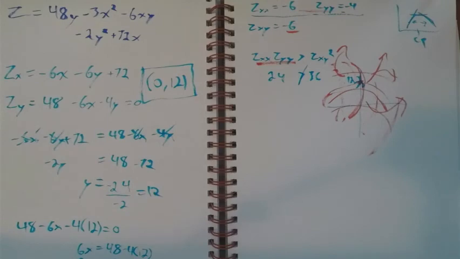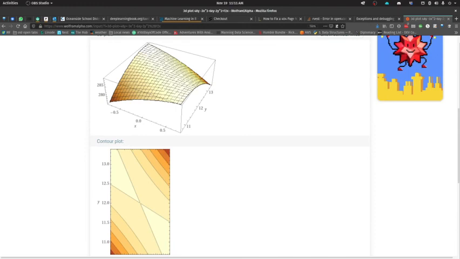We have an inflection point, which in this case is not a super exciting inflection point, but all that really boils down to is there's a change in the shape going on.